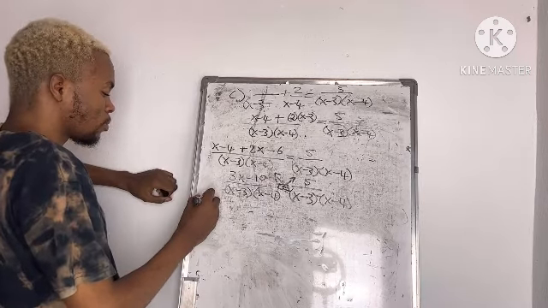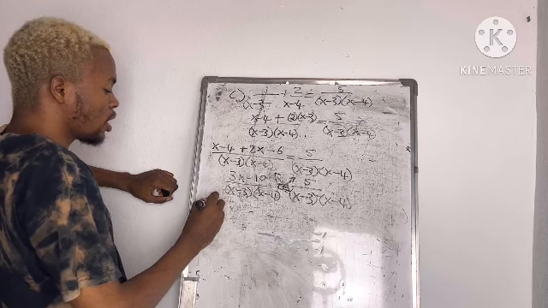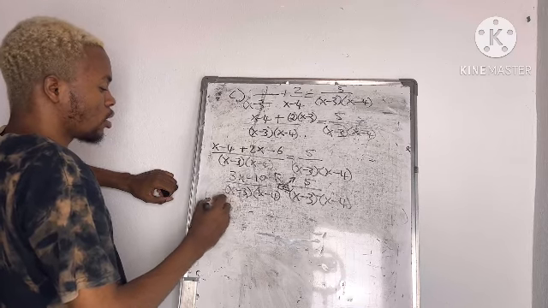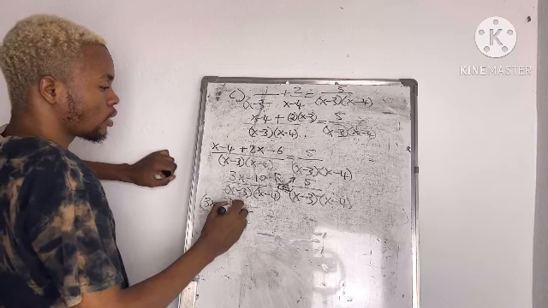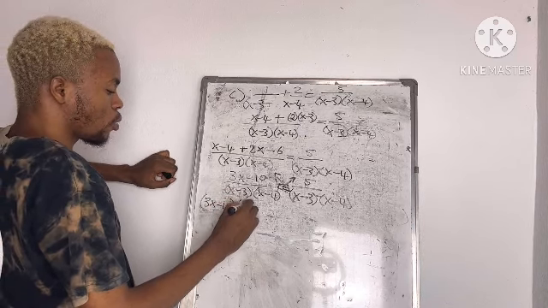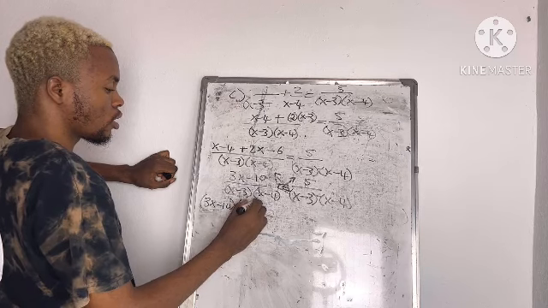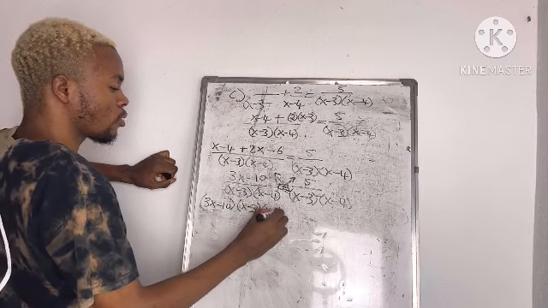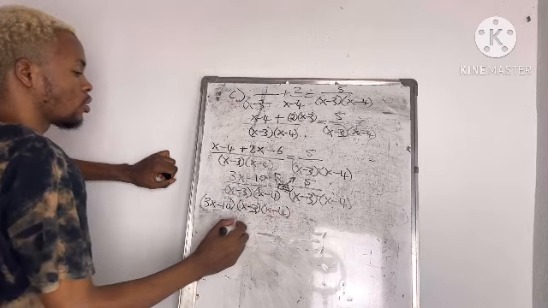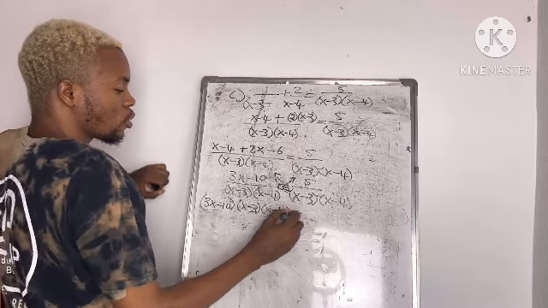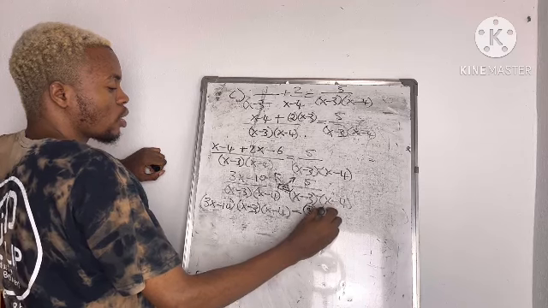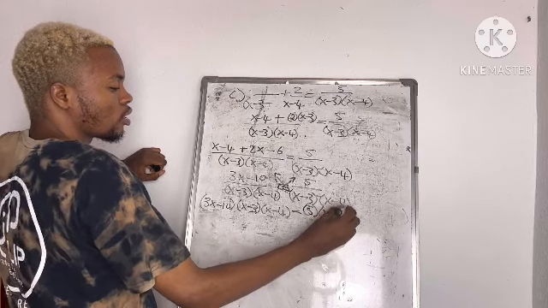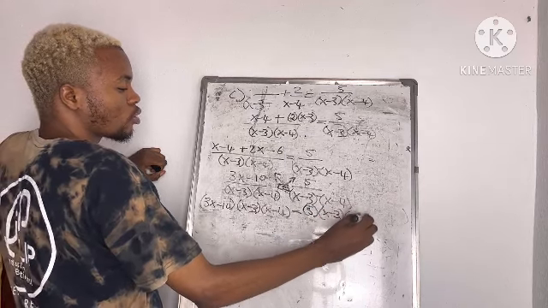So 3x minus 10 times x minus 3 times x minus 4 is equal to 5 times x minus 3 times x minus 4.